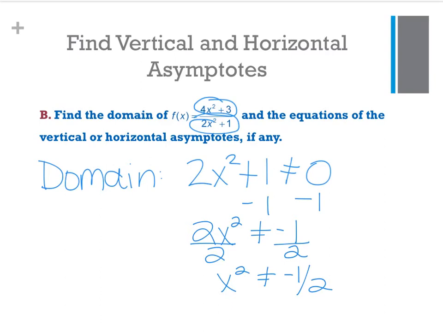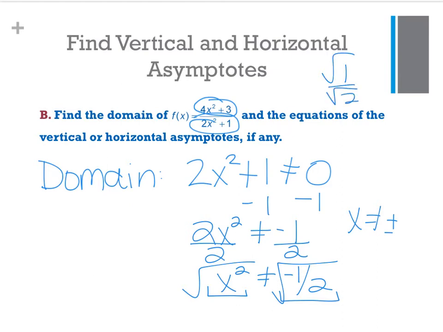And because this is x squared cannot equal negative 1/2, and a squared value can never equal a negative number, if I were to square root both sides of this, I would get x cannot equal plus or minus, let's see, square root of 1/2 is 1 over the square root of 2.